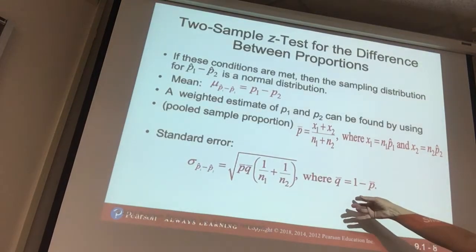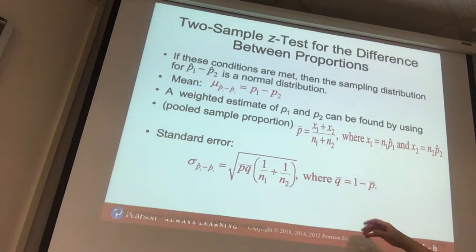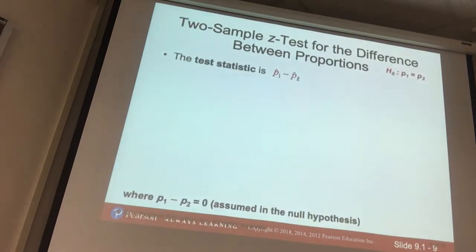The standard error, they give you a formula for that. We're not going to have to calculate that. Our technology is going to calculate that for us. We could calculate it. I encourage you to calculate it once just to see that it works and that you're going to get the same thing that your technology is going to do. And I do that for you here as well.